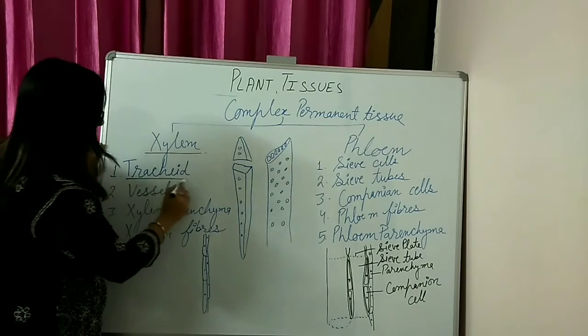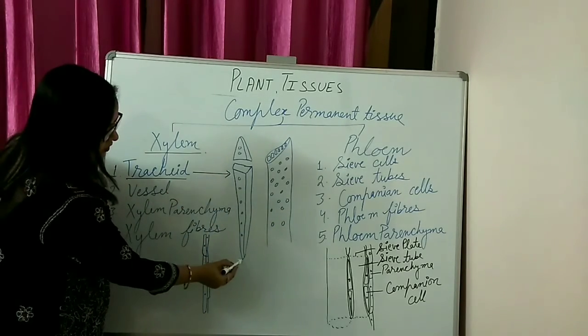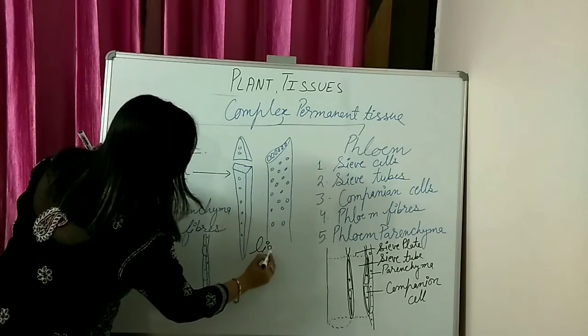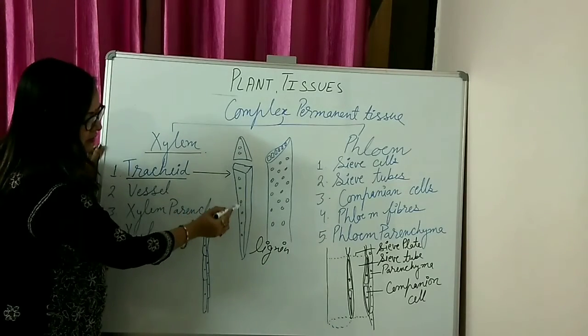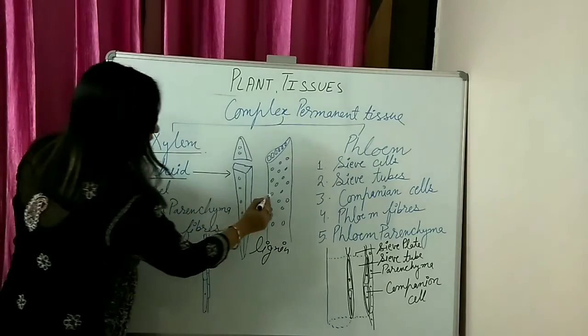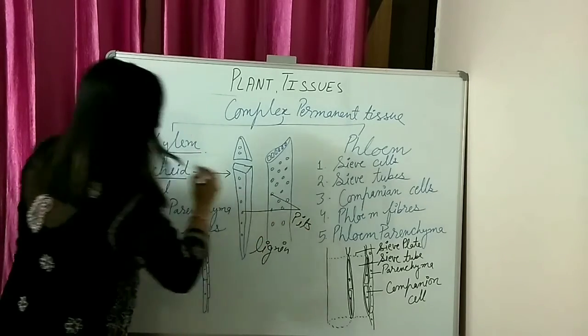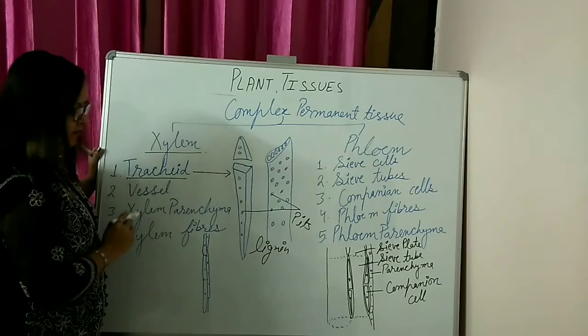Number one, tracheids. The cells are tubular with tapering ends. They have deposition of lignin in their cell wall, but at some places this lignin is not present, and these places are called pits.